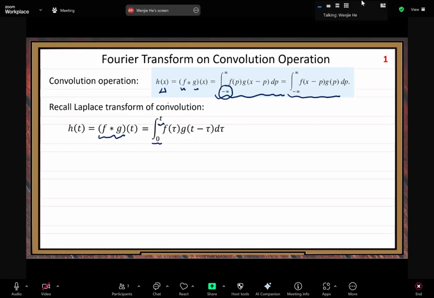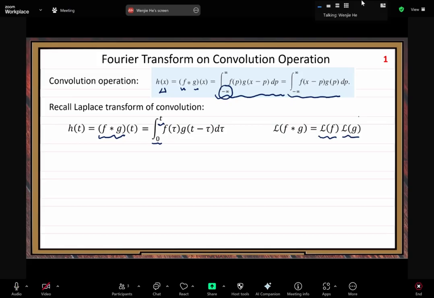When we apply the Laplace transform on this convolution operation, we get, on the other side, the product of the Laplace transforms of those two functions, f and g. Very nice. On the transform side, it's just a direct product.